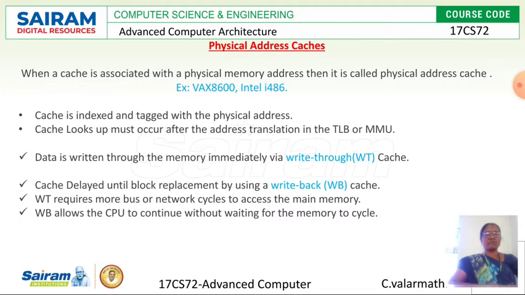Write back is used when a delay occurs, so in page fault scenarios, the write back cache will be enabled. Write through requires more bus or network cycles to access the main memory, but write back allows the CPU to continue without waiting for the memory cycle.